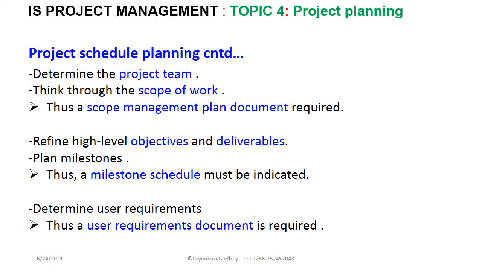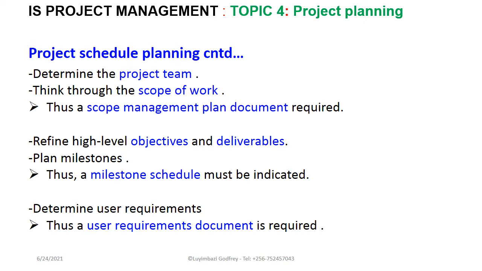We scope the project stakeholders, we scope the project high-level risks, we scope the project activities that are supposed to be undertaken, and we agree on scope change control. We agree on what should be contained in the scope, and we verify and validate each and everything. This is what we do in scope management. So we come up with a scope management plan document, which is basically required.